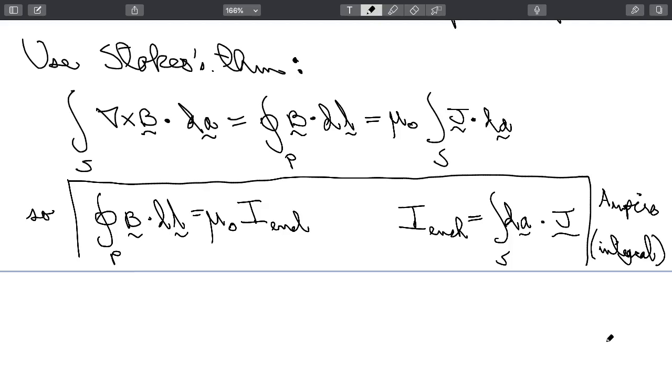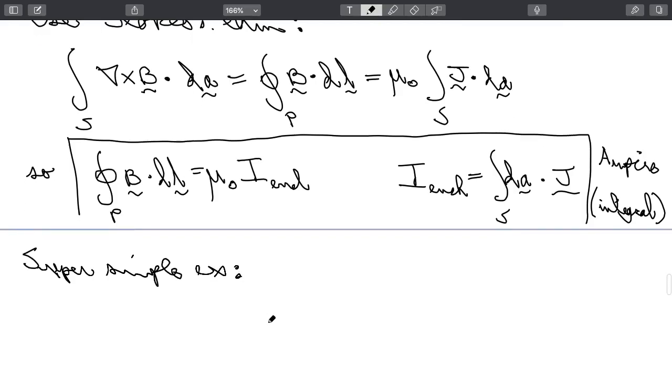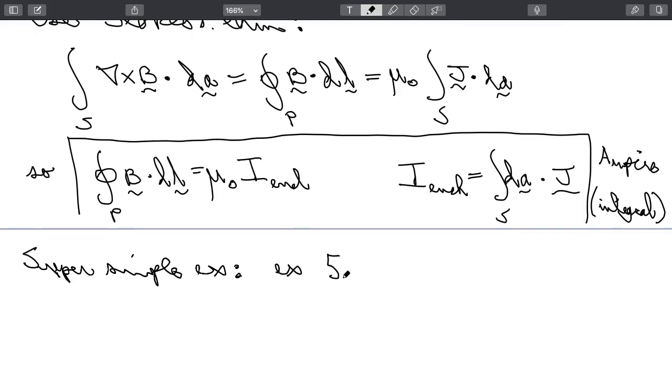So, a super simple example: it's example 5.5 of an infinite wire.